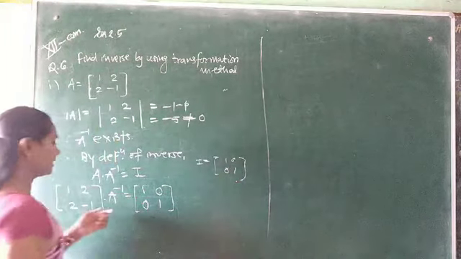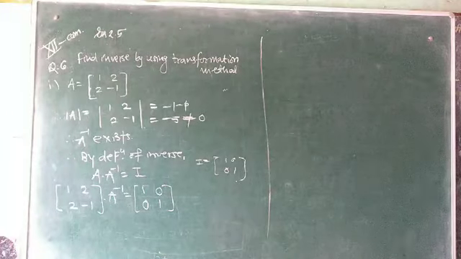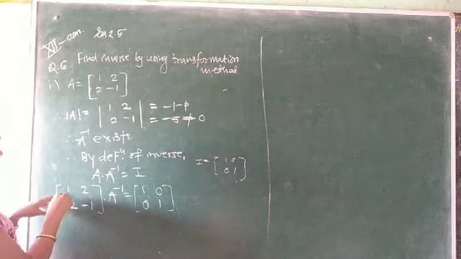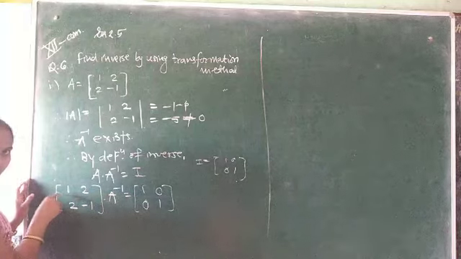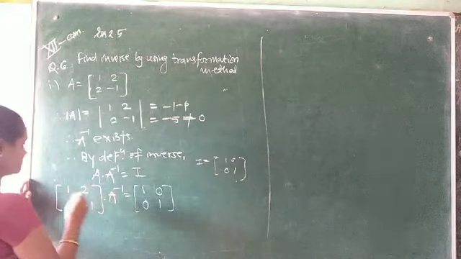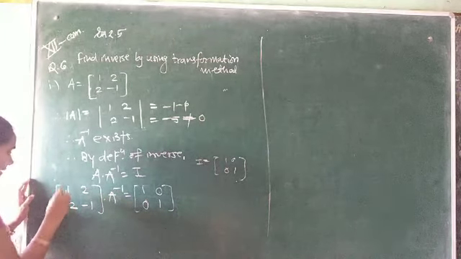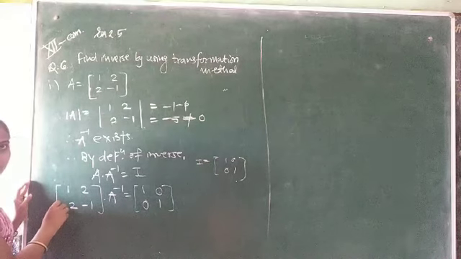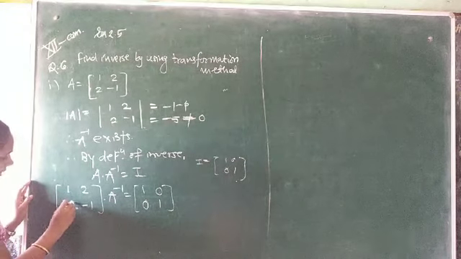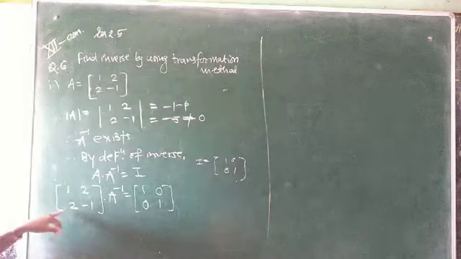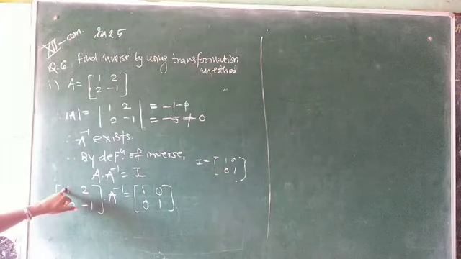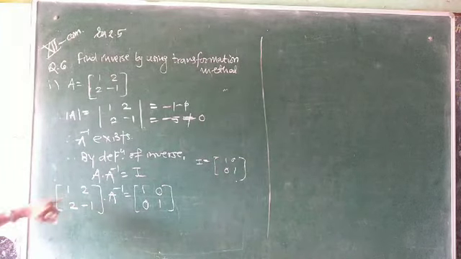Then the R into A inverse is equal to A inverse. So first of all we have to make a11 as 1, but it is already 1. So we make the element a21 equal to 0. So how to convert this 2 into 0? Here we multiply R1 by 2 and take subtraction.